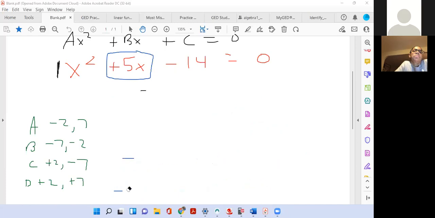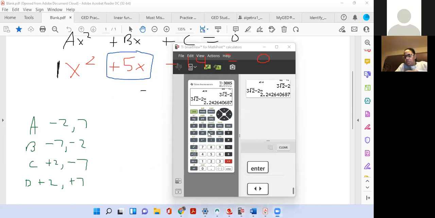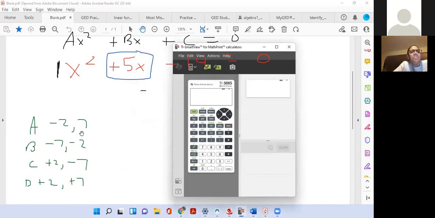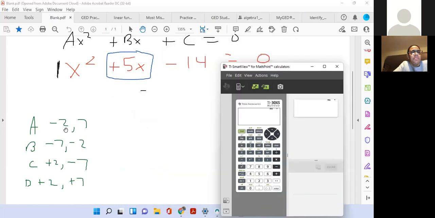Watch this. I want you to grab your calculator and plug each one of these into this equation. My first value, to solve this solution they're giving us, is minus 2. So minus 2, store x. And I'm going to plug that into this equation: x squared plus 5x minus 14.